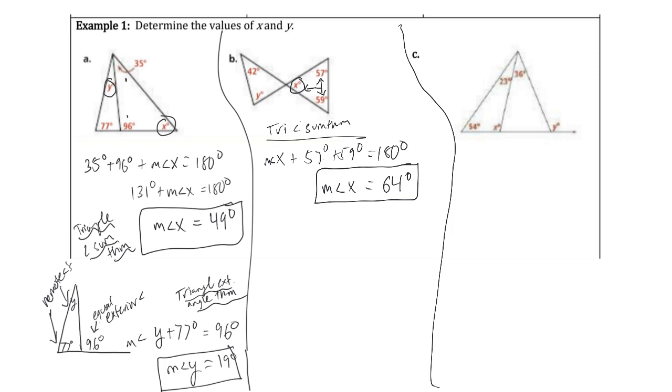Now, we can exchange x degrees to 64 degrees. Now, since we know x is vertical to, let me call this z, if they are vertical angles, they are equal.